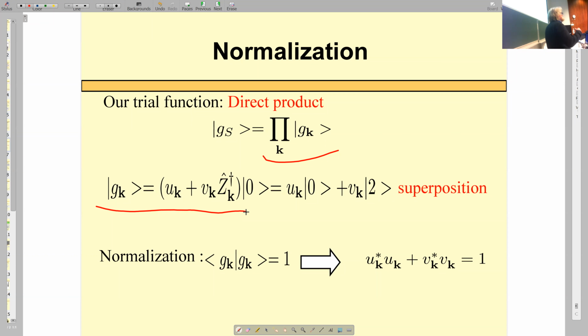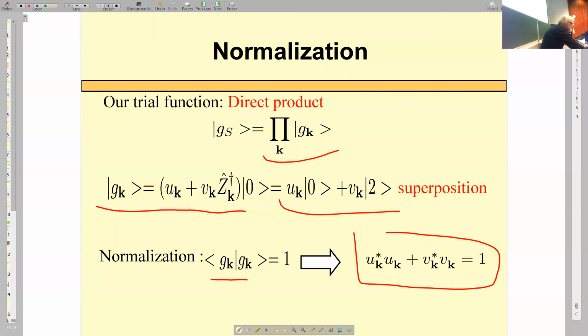And in this 0, 2 basis, this is just a wave function like this. So how would you normalize it? Well, the sum of squares of both coefficients must be 1. That's it. We establish this normalization relation. We will use it when we compute the optimum of energy. That's the condition which normalization provides us.